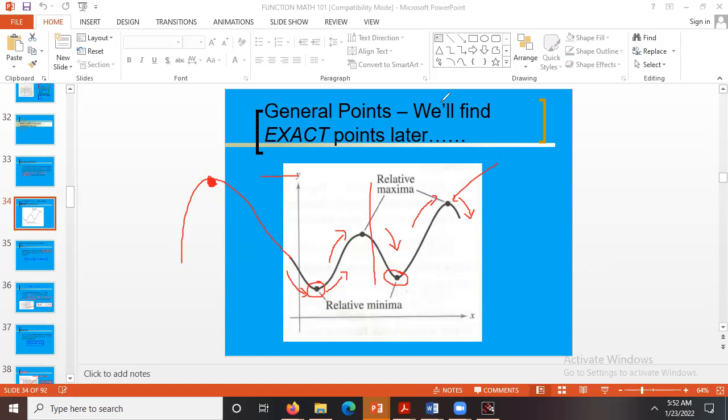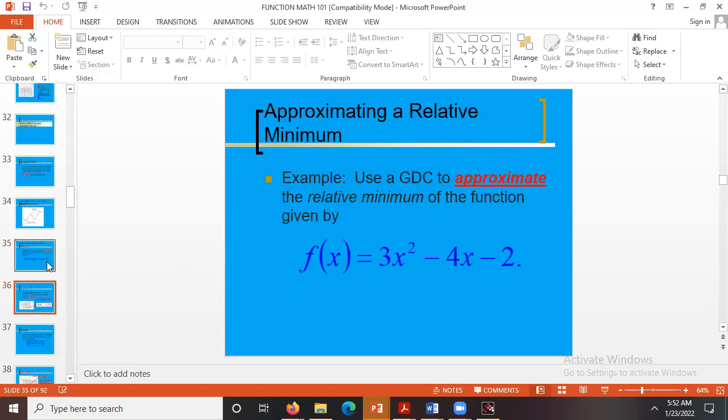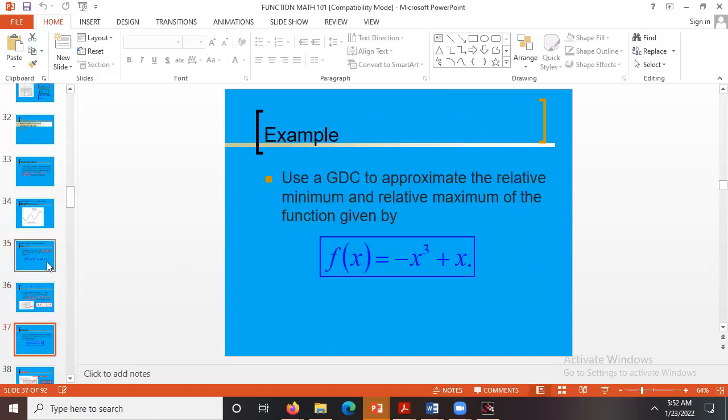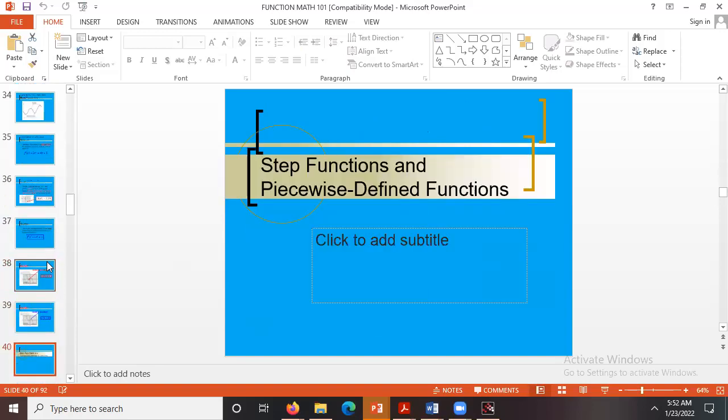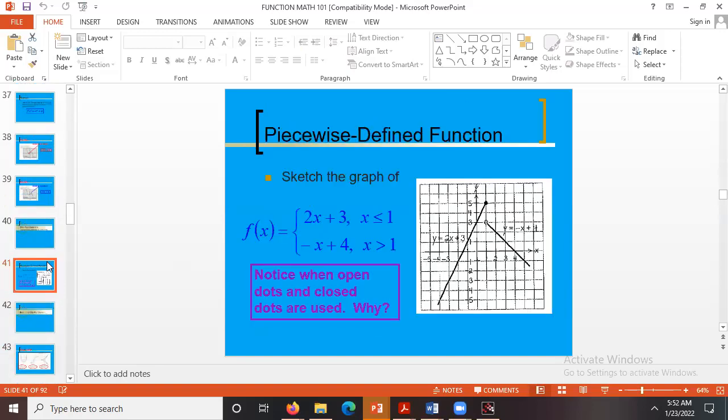Then finally, I'll look at the concept of a stepwise function. So this is a stepwise function.